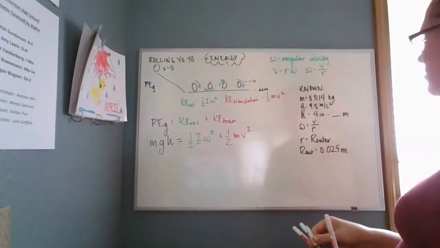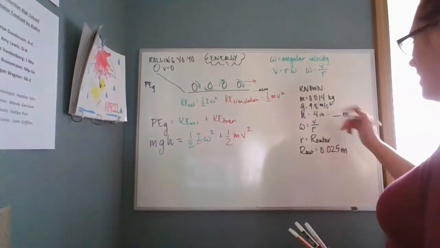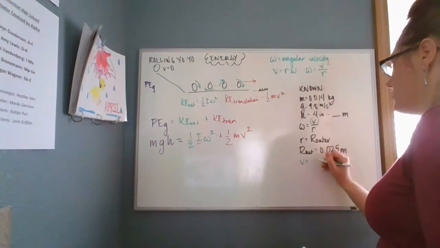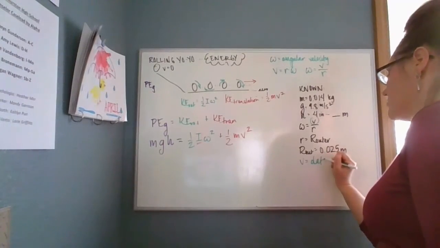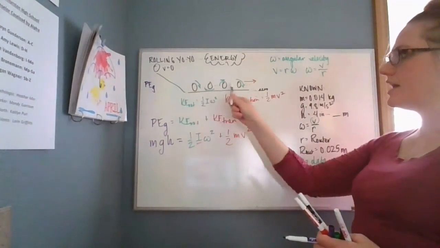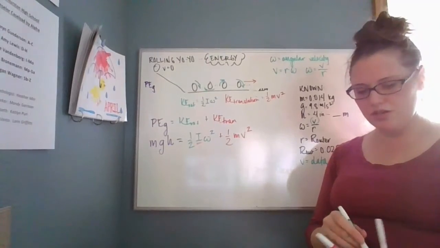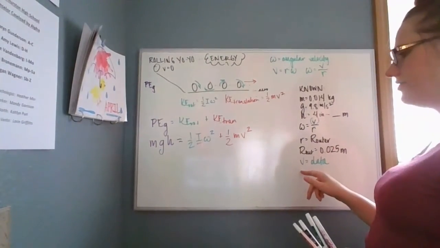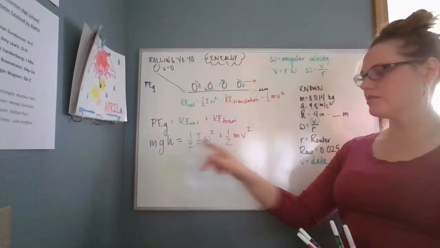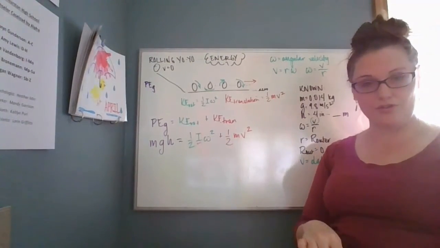And your velocity is your only value left. So this velocity right here is going to be the thing that you figure out from your data. You're going to need to look at the distance and time data to determine what that velocity is. And now you have every number you need to solve for your moment of inertia.